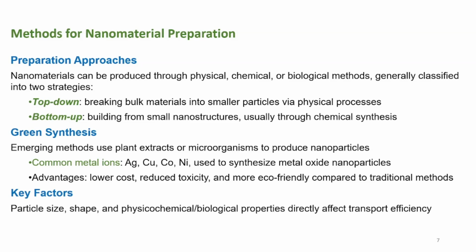Green synthesis, with plant extracts or microbes, uses ions like Ag, Cu, Co, and Ni to form metal oxide nanoparticles. This approach lowers costs, reduces toxicity, and is more eco-friendly.